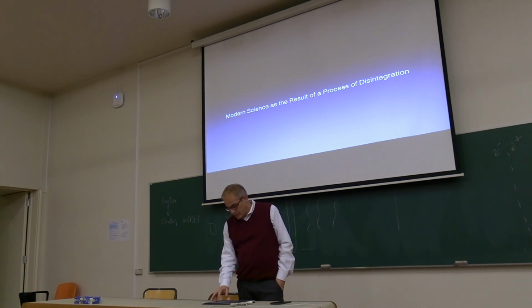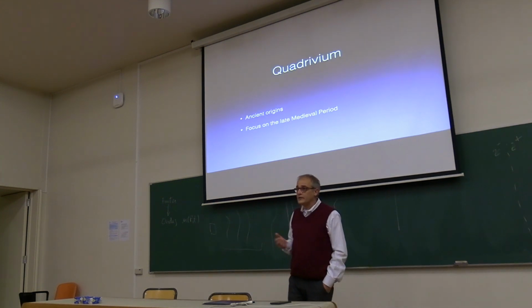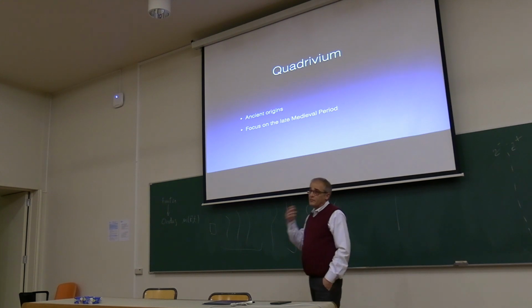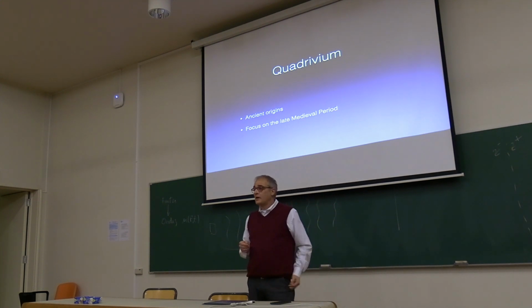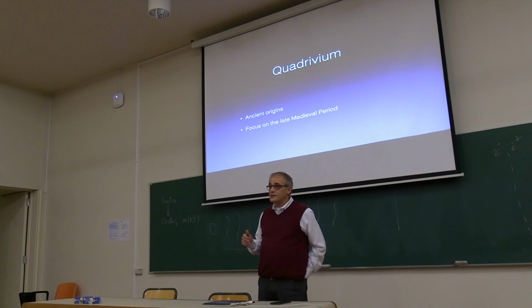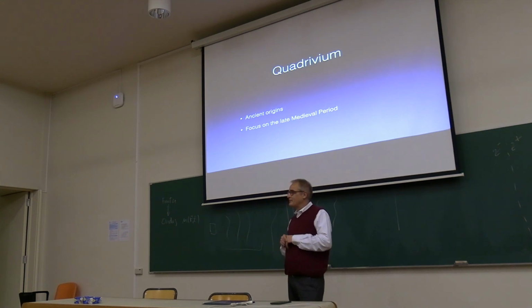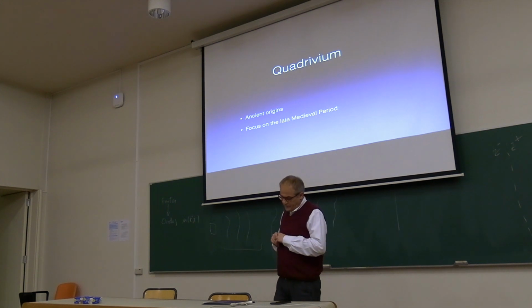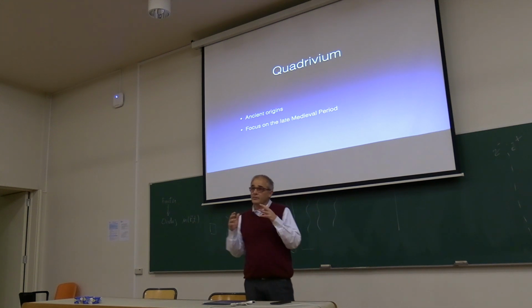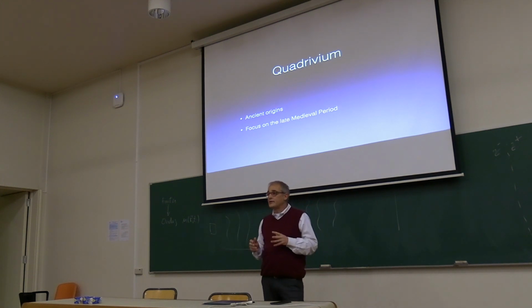So first of all, the quadrivium. The quadrivium is a concept that has very ancient origins. I will not discuss them, just to show you that I know it is older than the medieval period. My focus, as I said, is the 12th and 13th century.